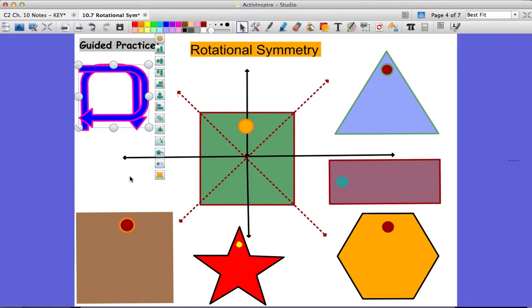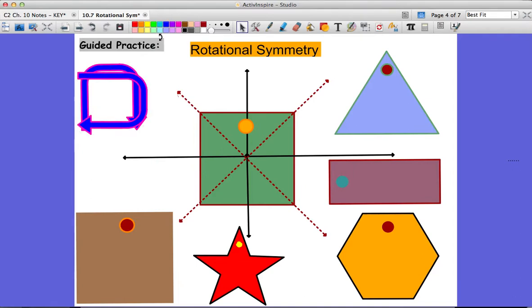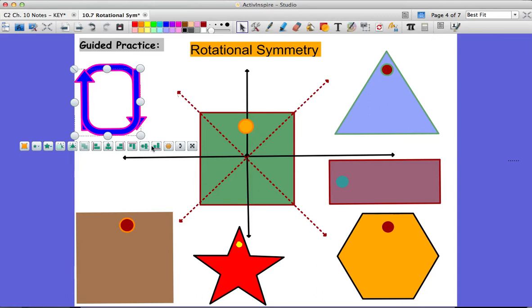Nope, so it does not have rotational symmetry yet. Okay, if I take it and try to rotate it again, it still does not match up with the original. Therefore, since in 180 degrees it did not meet up, this shape does not have rotational symmetry.